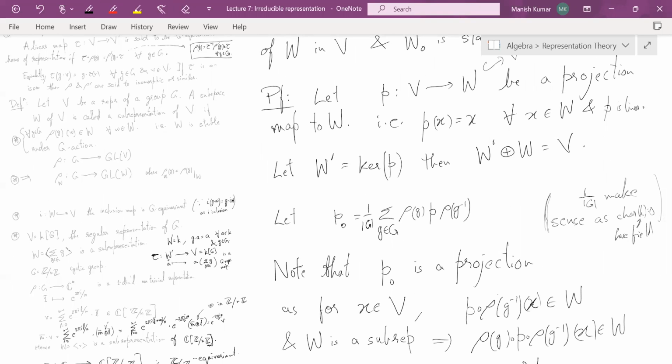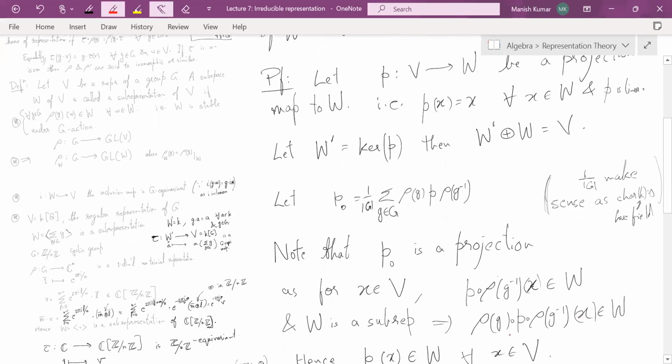Now we want to check that the image is W, and we also want to check that it's the identity on W. So you take any element X of V, then of course P applied to rho G inverse X is in W because the image of P is in W. And W being a sub-representation tells you that rho G composed with P composed with rho G inverse, applied to X, is also in W, because W goes to W under the rho G action.